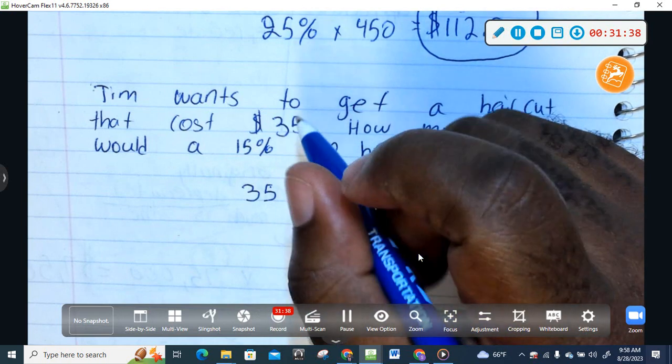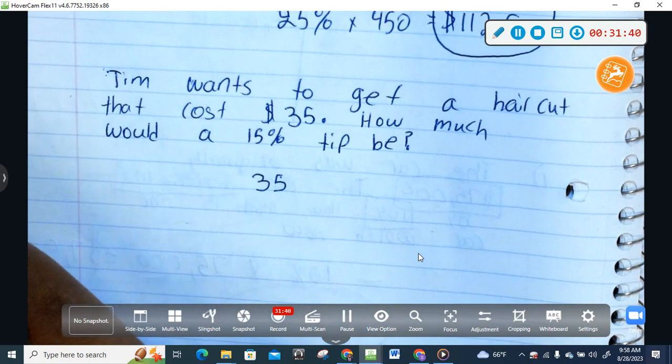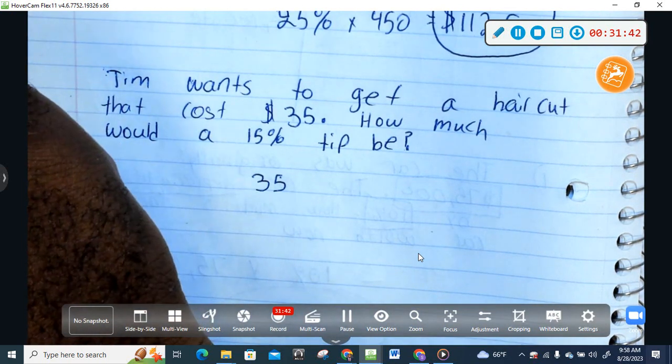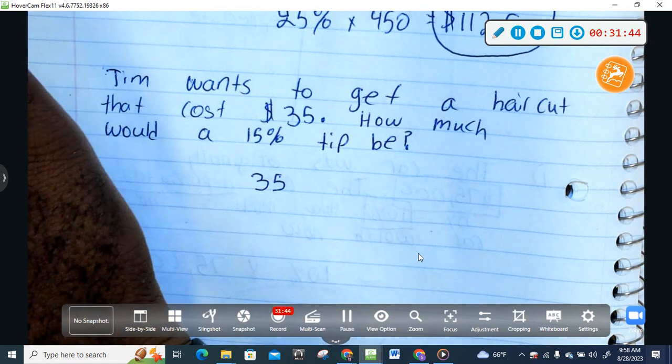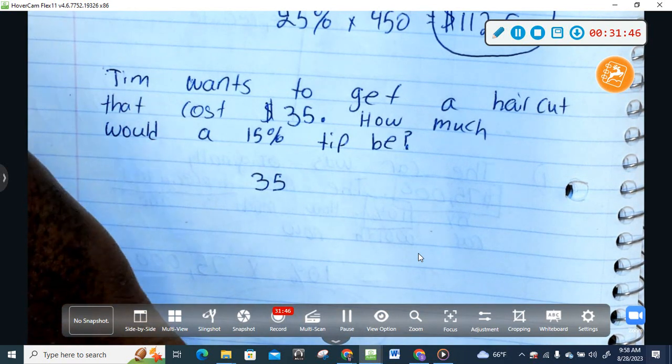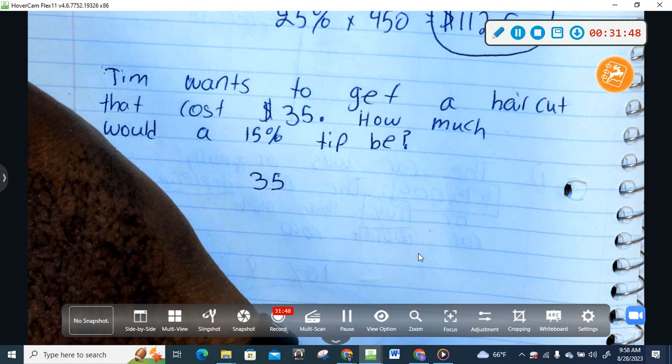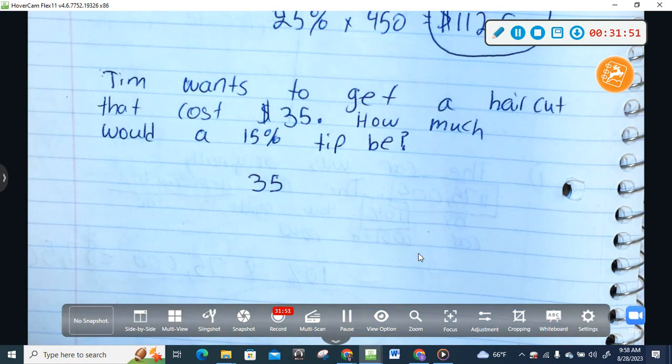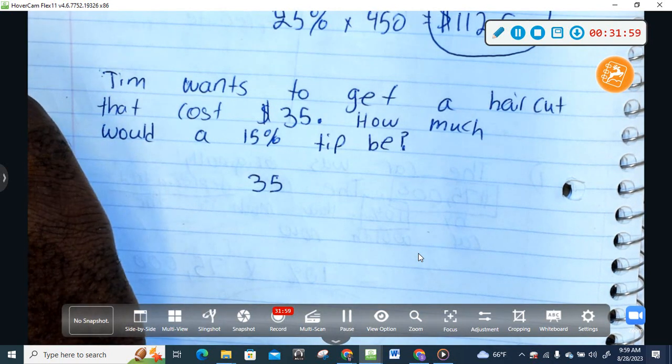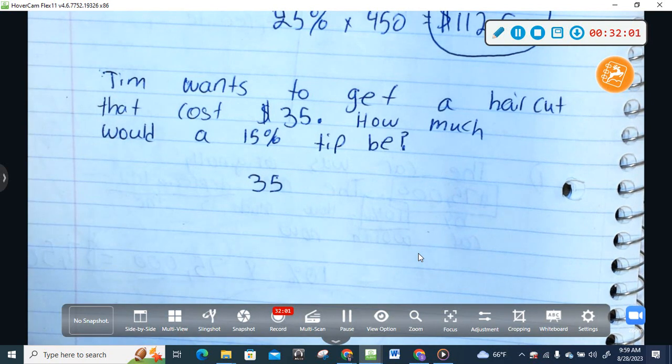You can call out if you already got it. Anybody think they know how much the tip will be? It's okay to be wrong if you call something out. $5.25.